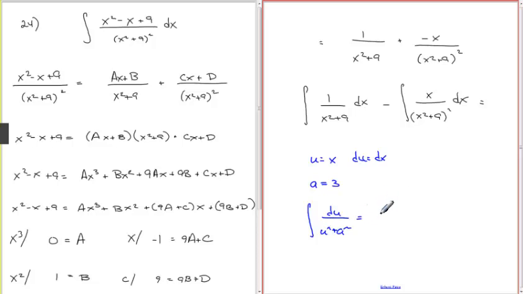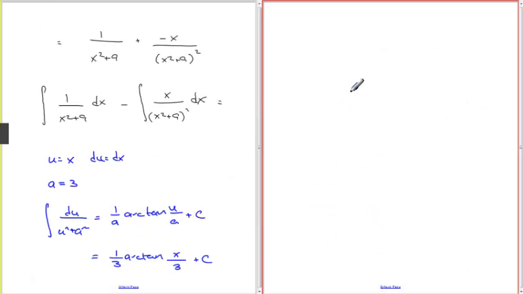And that integral from page 520 is 1 over a times the arc tangent of u over a plus c. So given these values of u and a, the first integral will be 1/3 times the arc tangent of x, which is u, over 3, which is a, plus c. Okay, so that's that part. Let's add another page, and we'll do the second part, and then we'll combine them together.